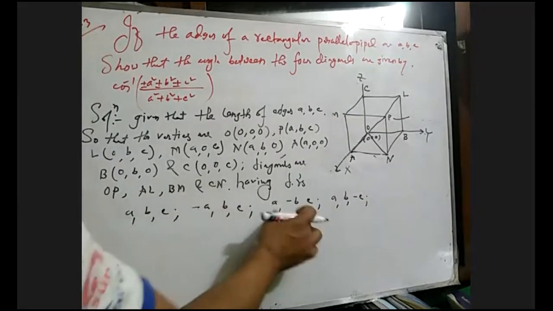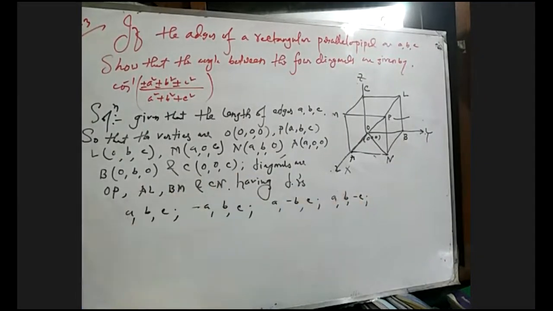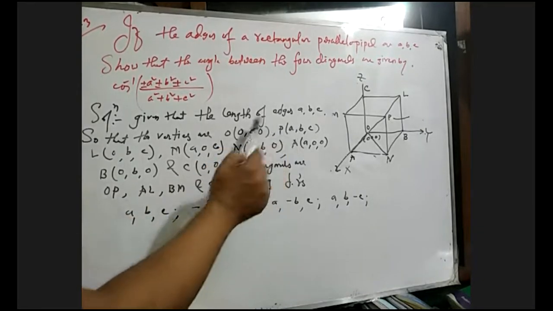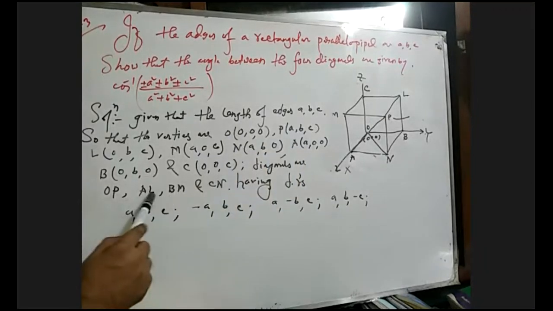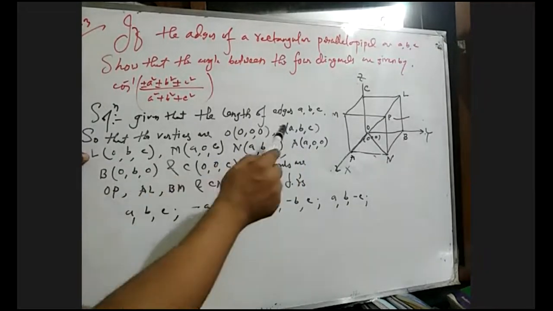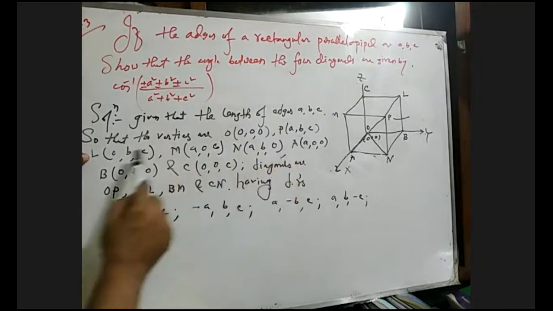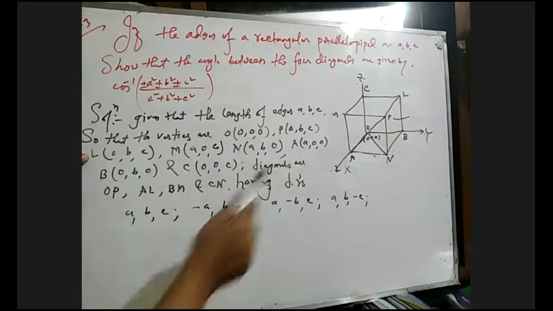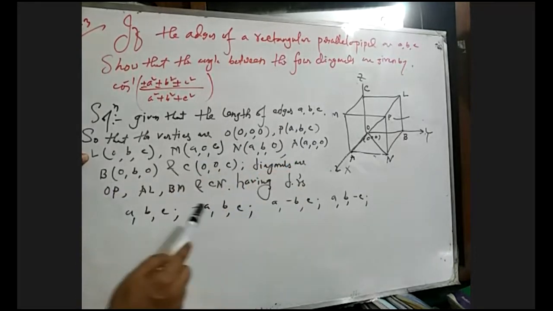These are the OP, AL, BM, CN direction ratios, found just by subtracting coordinates. For OP: a minus 0, b minus 0, c minus 0, that is a, b, c. Similarly for AL, with the L point and the A point: 0 minus a is minus a, b minus 0 is b, c minus 0 is c.